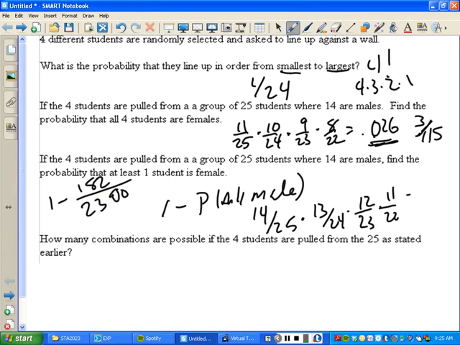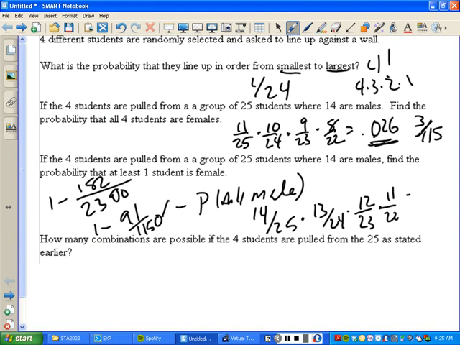What'd you finally get? 91 out of 1150. Yeah, but then you have to subtract from 1, right?